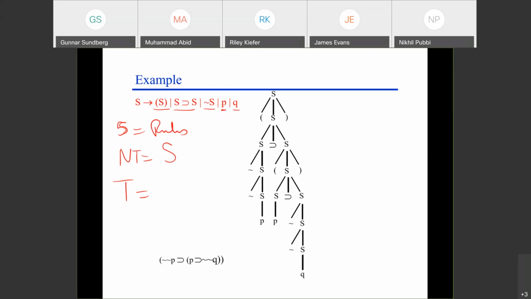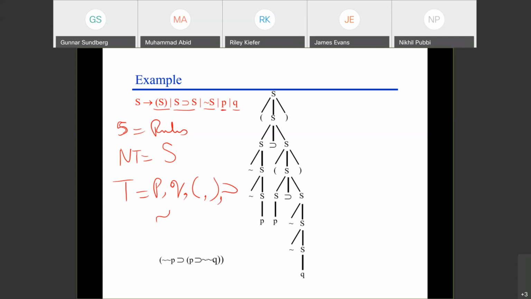P and Q I believe are terminals. And then are the symbols also terminals, like the parentheses? Yes. Then would the tilde also be a terminal? Yes. So one, two, three, four, five, six. Six terminals. Make sense? So we have six terminals.